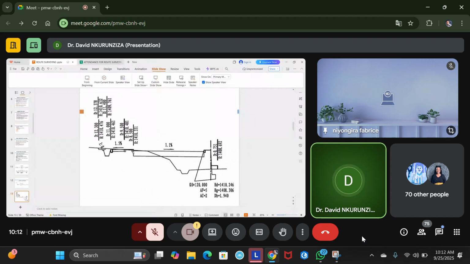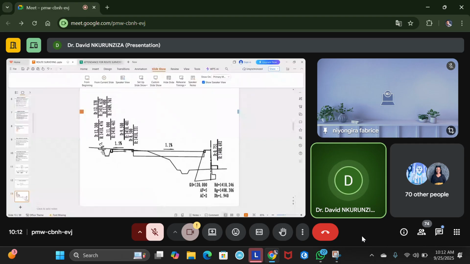Bordure is French. Yes, this is a curb, and you have two curbs, one bordure here and another bordure here. I think this space here is for greening, and this is for people to move. This is a walkway. So this is a traffic lane, okay? This is a greening, this is a walkway, this is the ditch.